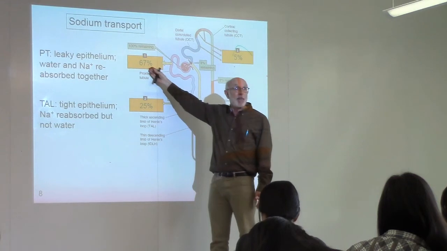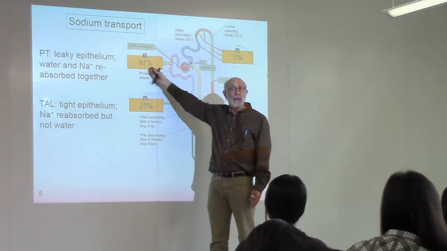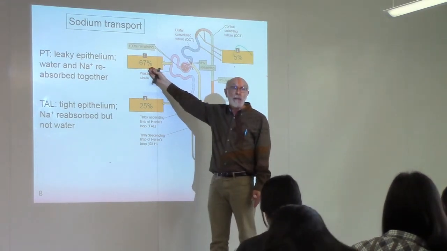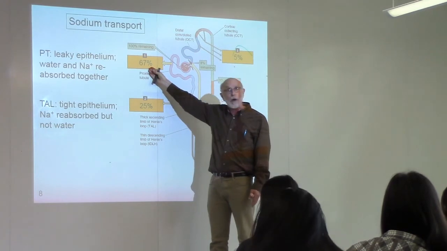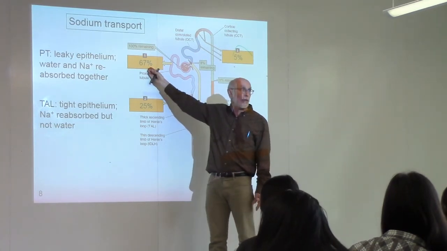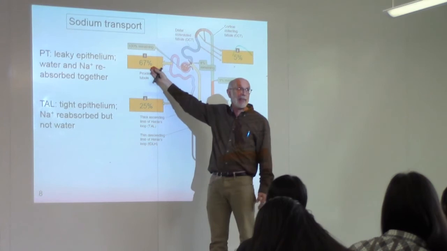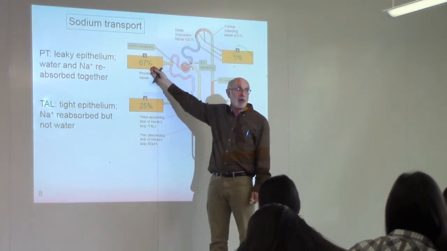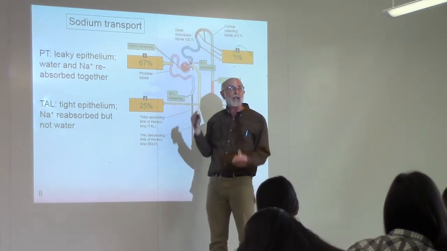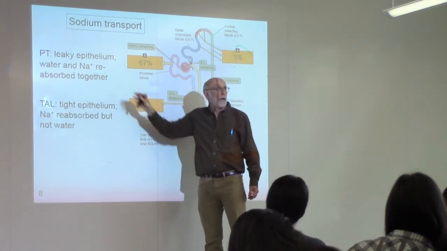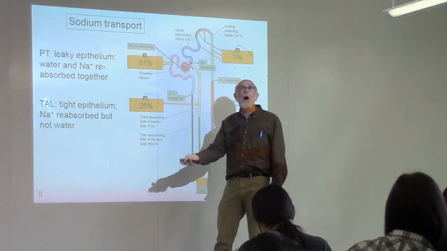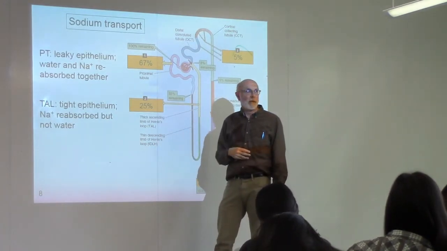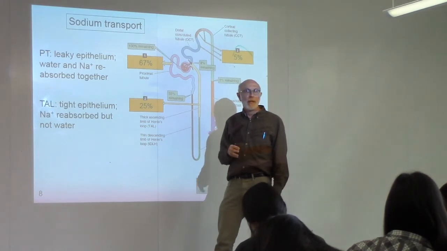So 67% of the sodium is reabsorbed in the proximal tubule, which means close to 67% of the filtered water is also reabsorbed there, because they go together. Sodium being pumped, water following osmotically. Leaky epithelium.